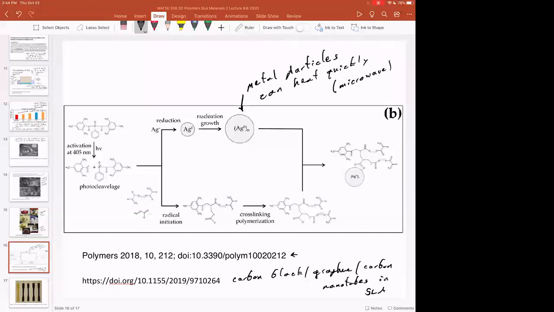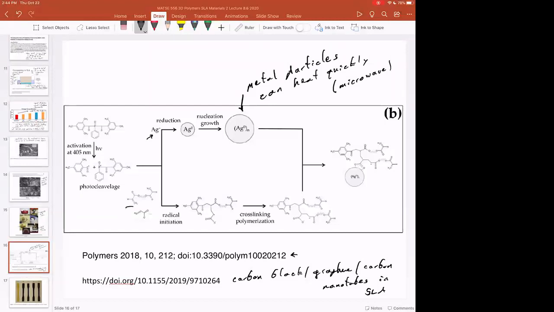And so what this paper describes is putting some metal salt or this precursor salt into the photopolymerization mixture. And so as you do photopolymerization of your acrylates right here, you have your metal salt.